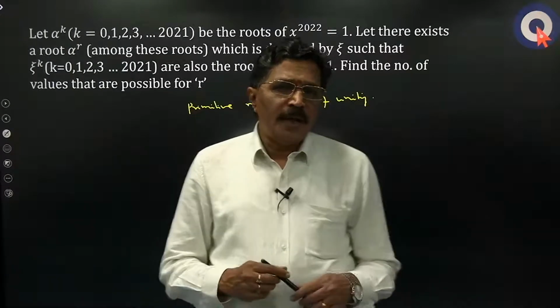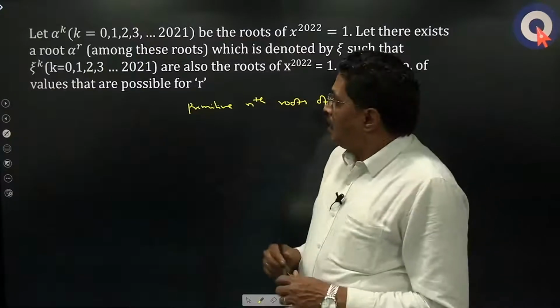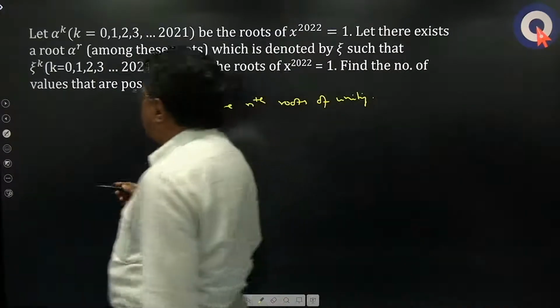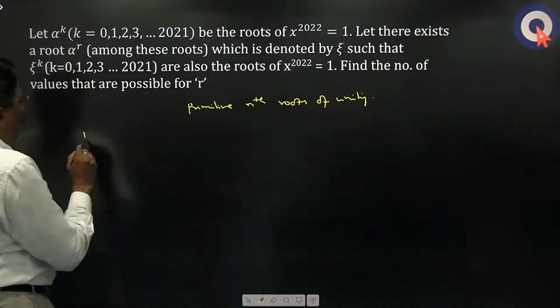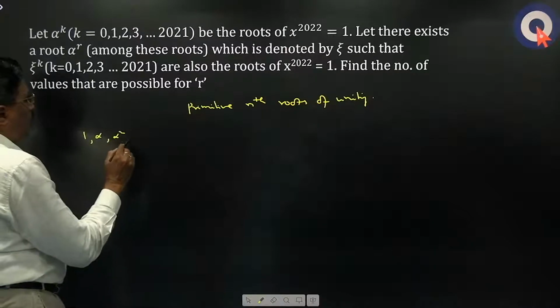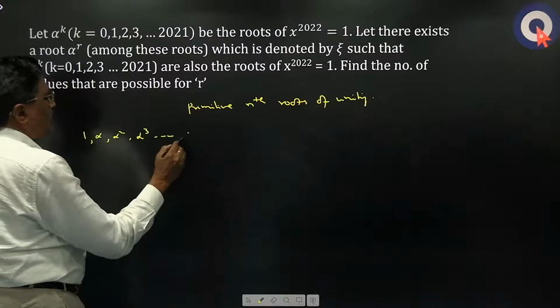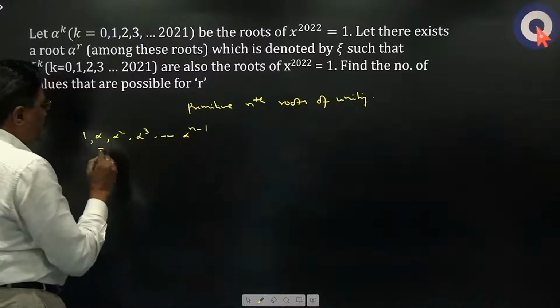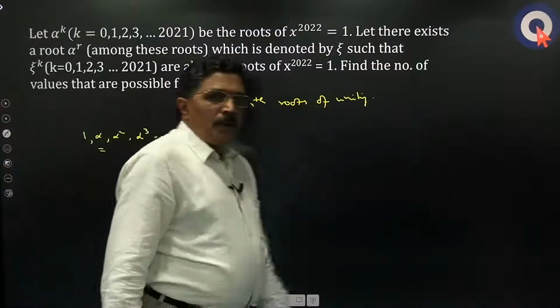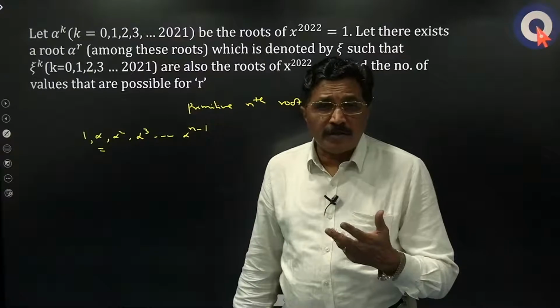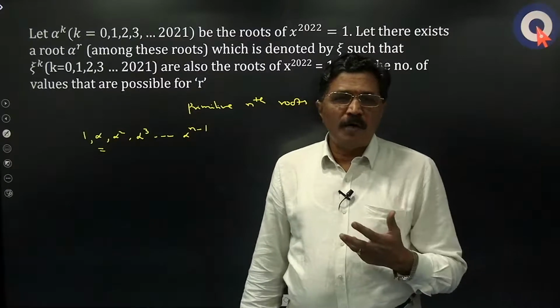What is primitive nth root of unity? See, when you consider nth roots as 1, alpha, alpha square, alpha cube, etc., alpha power n minus 1, in this you see alpha, if you square it, you are getting alpha square. If you are cubing it, you are getting alpha cube.